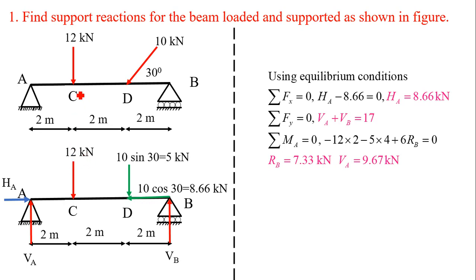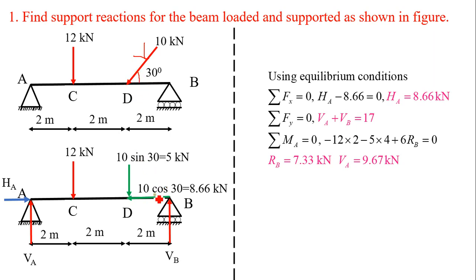Now the 12 kilonewton is a point load, so no conversion is needed, and it is marked directly at point C, 2 meters from point A. Then there is the 10 kilonewton inclined load at point D. As it is an inclined load, we resolve this force into horizontal and vertical components. The vertical component is 10 sin 30 and the horizontal is 10 cos 30, as the angle of inclination is given with respect to the x axis.